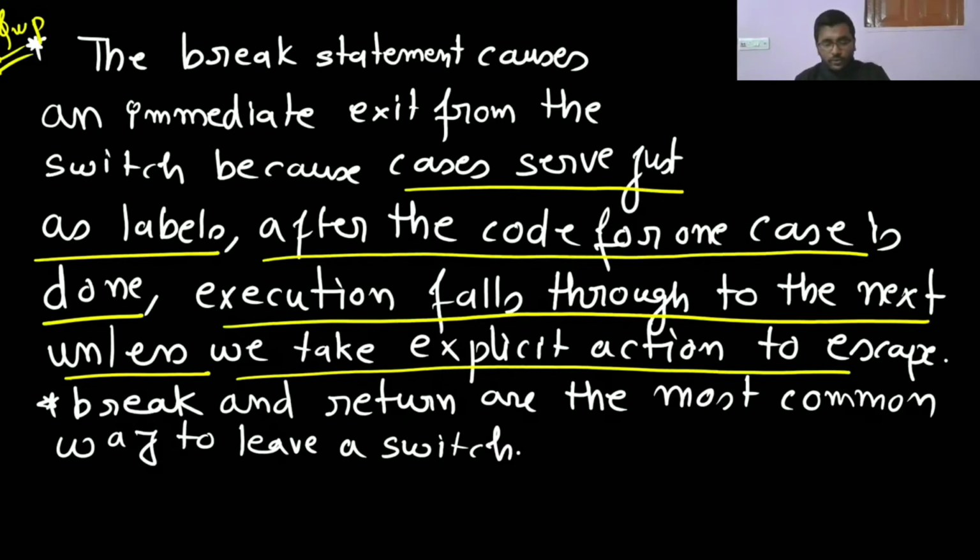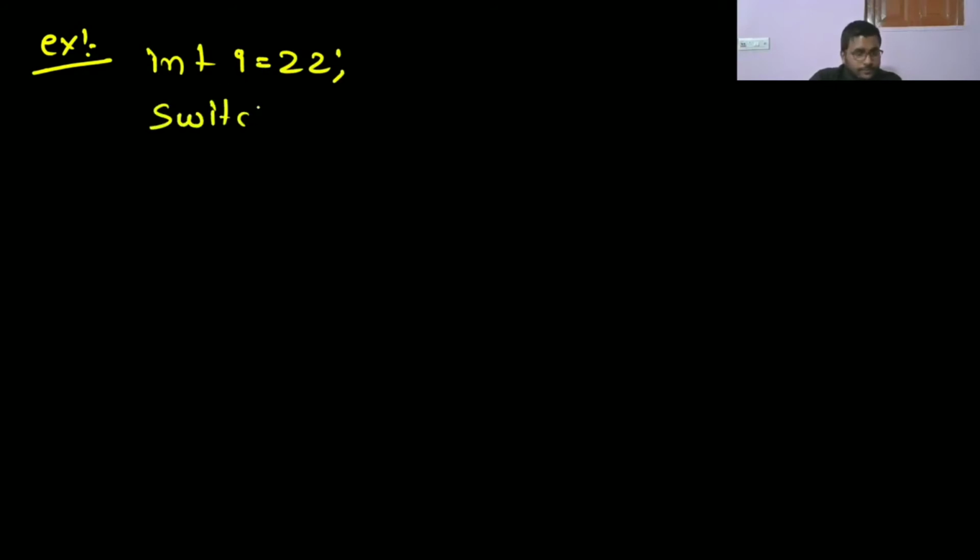Now we will see some more things in switch. I will give you an example, and you have to give me the output. int i equal to 22, switch i, case.